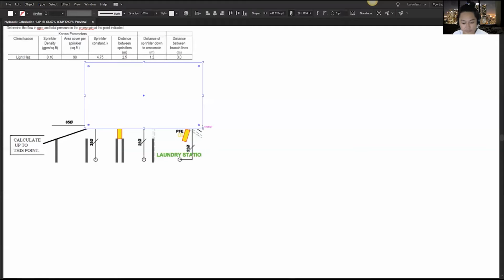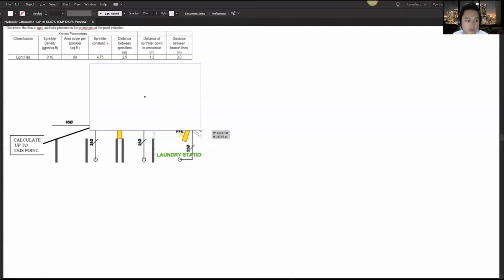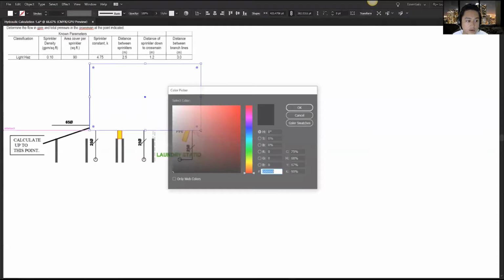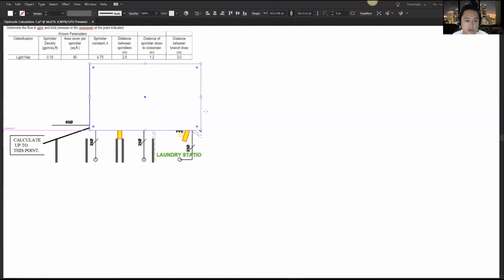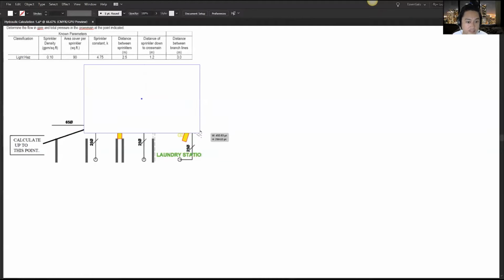Oops, wait. Okay. Now, this one here, I'll just change the color to red. Okay, this is apparently the remotest area in the floor. That's one of our assumptions.